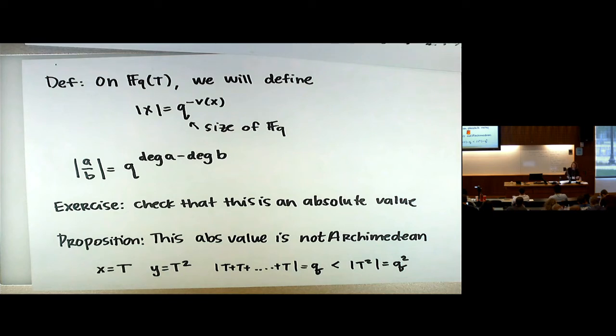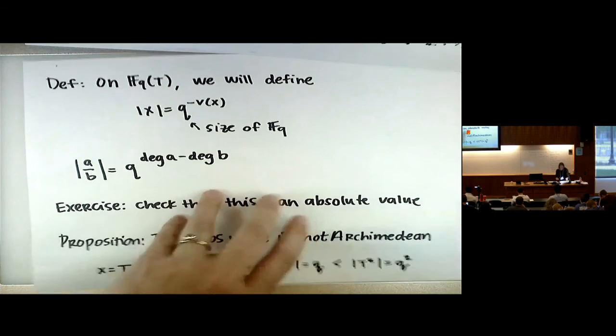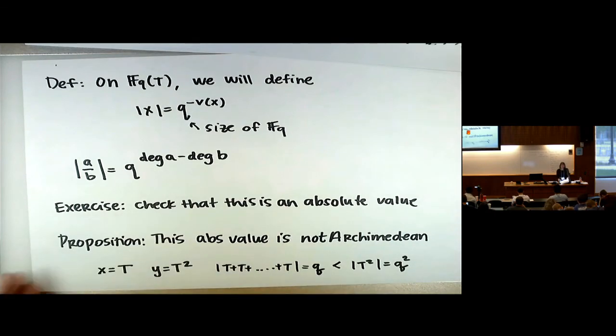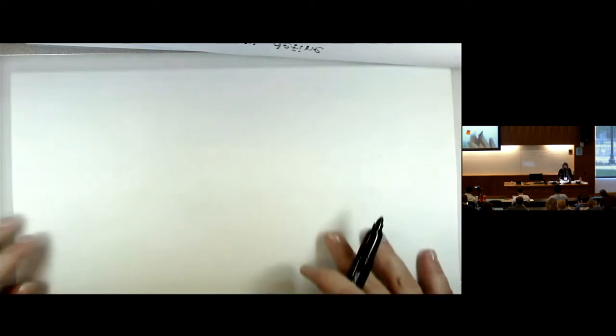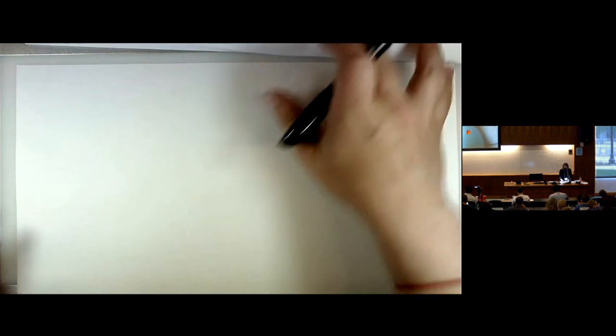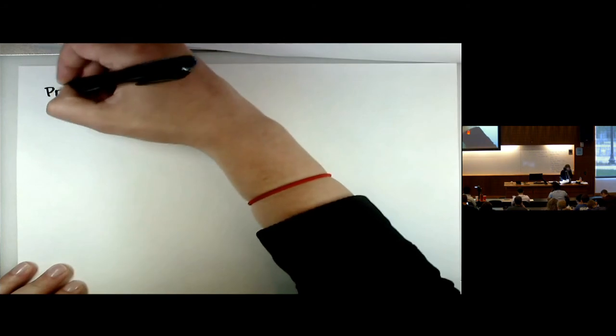All right, so I have 6 more minutes. The way that I've been talking about this is with this addition, which is not, in my mind, the best way to talk about this. So I will state, but not prove, what I think is a very nice way to think of non-Archimedean absolute values.